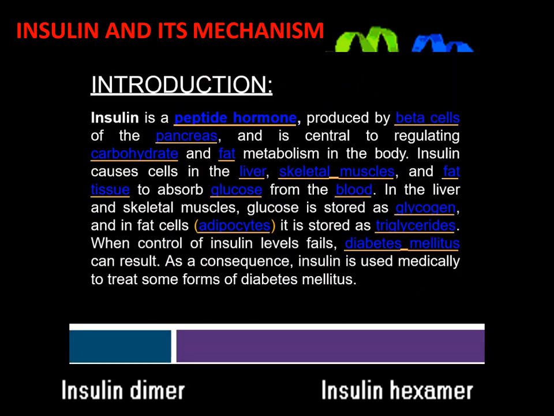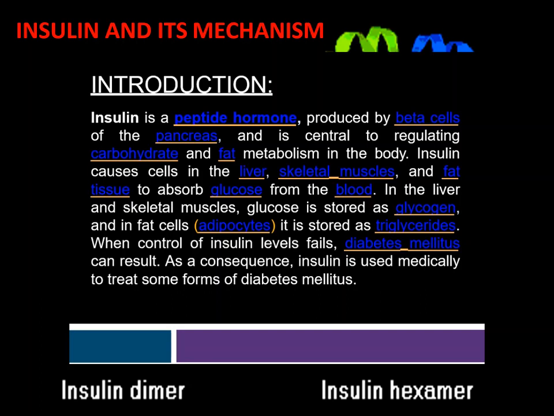Introduction. Insulin is a peptide hormone produced by beta cells of the pancreas, and it is a central regulator of carbohydrate and fat metabolism in the body. Insulin causes cells in the liver, skeletal muscle, and fat tissue to absorb glucose, so it facilitates the transport, or entering, of glucose from the blood into these cells.